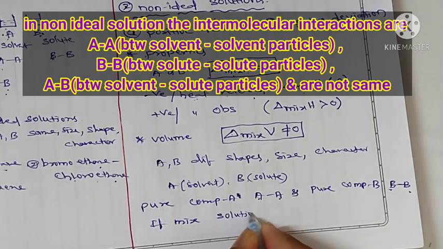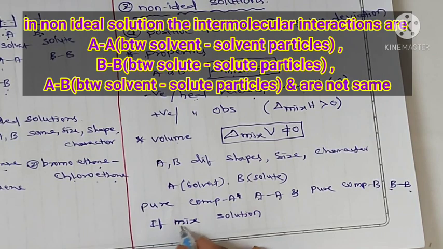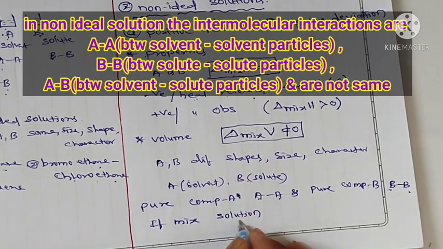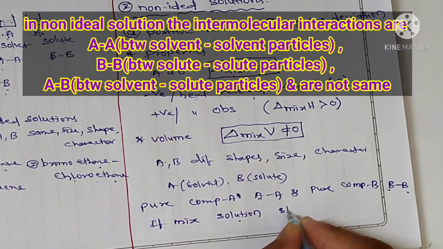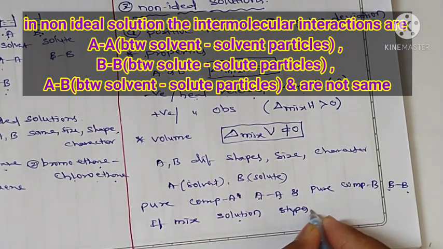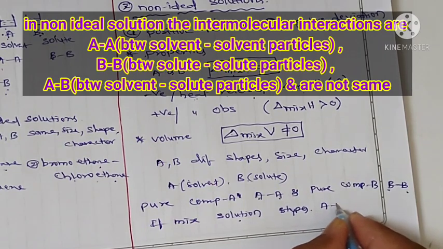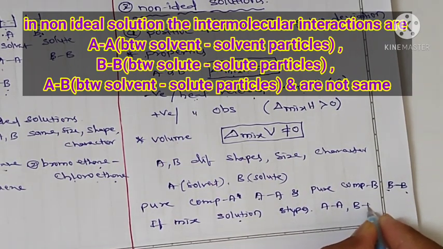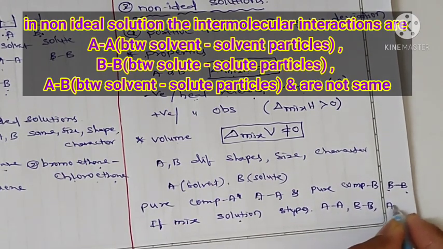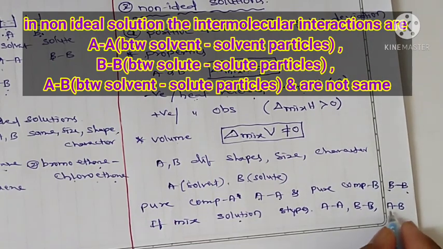If we mix both components, we get the solution. In that solution we have three types of intermolecular attractive interactions. Those are AA, between solvent and solvent, BB, between solute and solute, and AB, between solvent and solute.